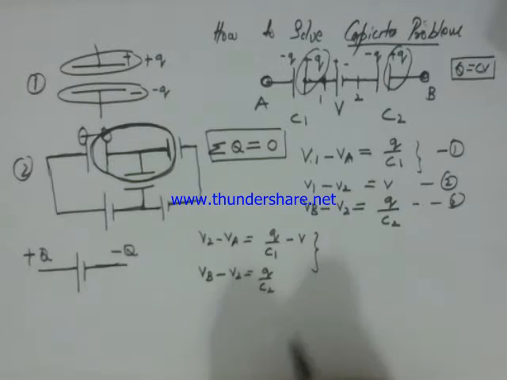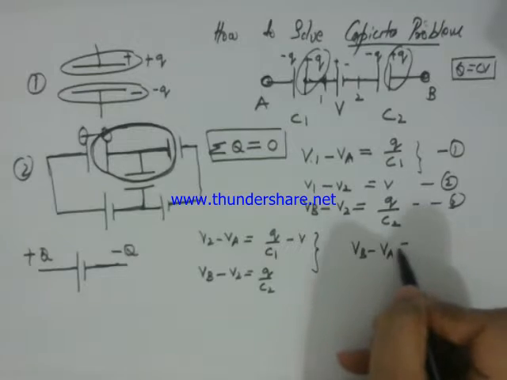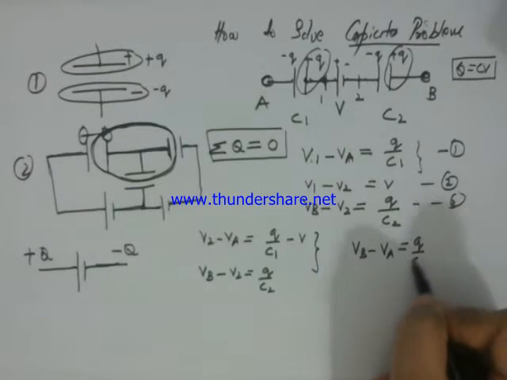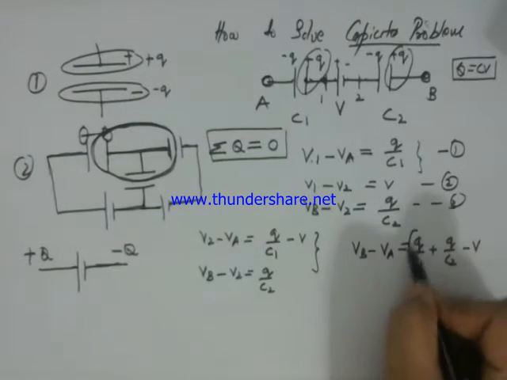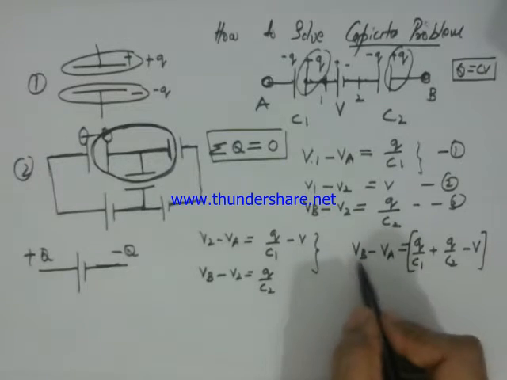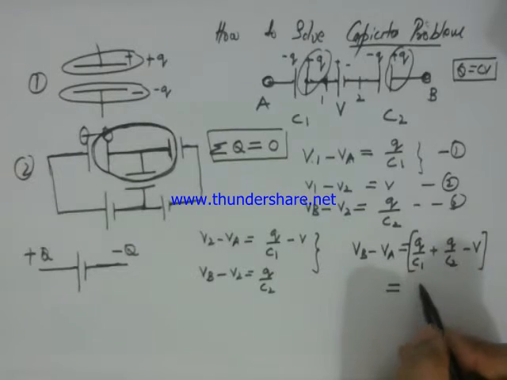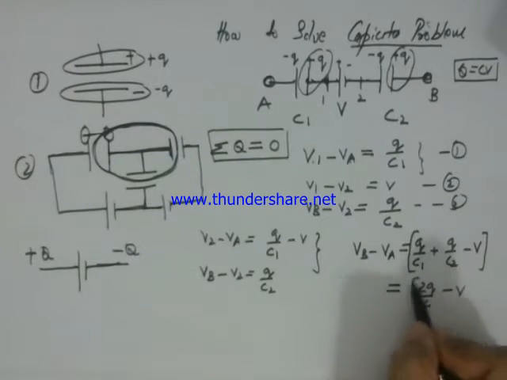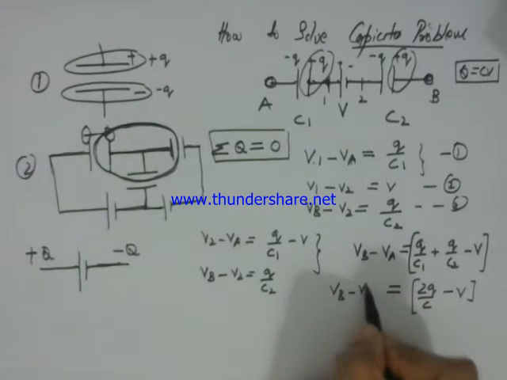Now add these two equations, you get VB minus VA is equal to Q upon C1 plus Q upon C2 minus V. So this will be the voltage difference VB minus VA. So if C1 and C2 happen to be equal, which is equal to C, it will become twice Q upon C minus V, will be the potential difference between VB and VA.